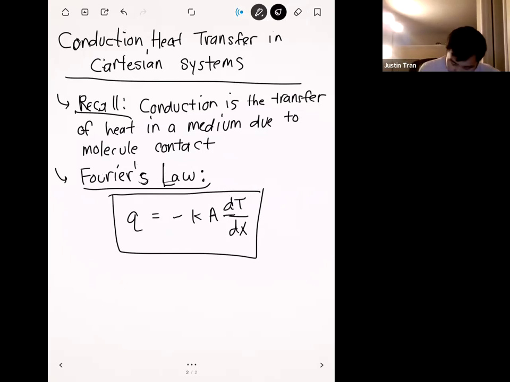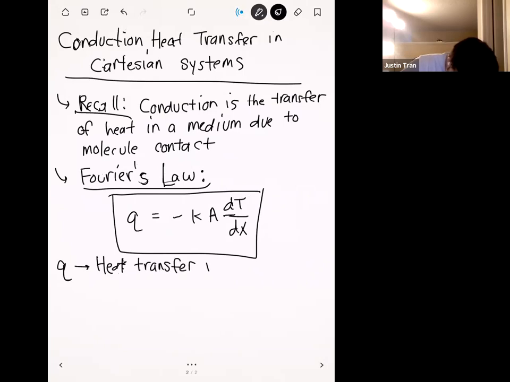Let's start with Q. Q here refers to the heat transfer rate. The key word here is rate. This tells us how quickly energy is being transported through this medium.